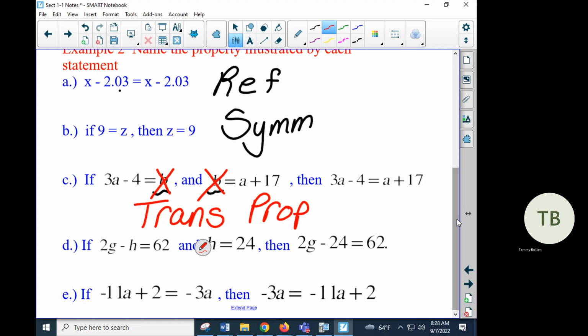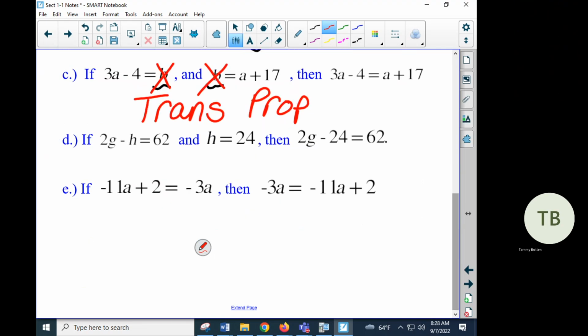Then if we look at D, this one has three equal signs again. With three equal signs, it's either transitive or substitution. Notice this one, this and this are not the same. So what that means is it's not transitive. And in this one, notice they give an expression, and then here they say H equals 24.